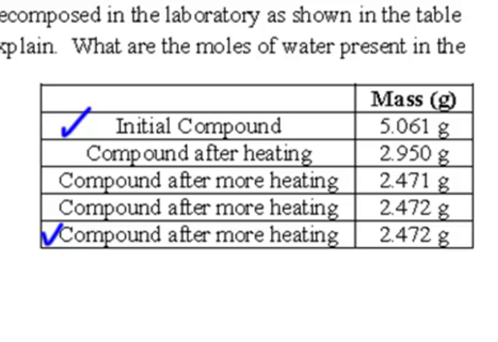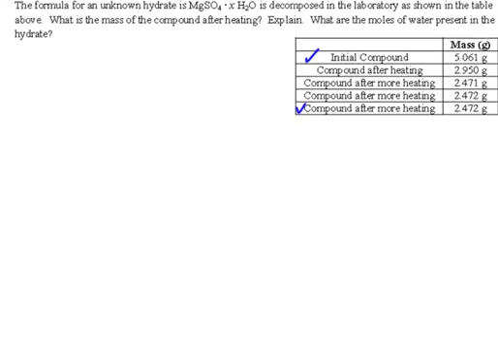And the reason is there's still water in it. Now, if you see, the initial compound has the water in it. The compound after the heating has no water in it. So this 2.472 grams is magnesium sulfate. There's no water in it, which means how do we find the water? We got to take the initial 5.061 grams, which has water in it.